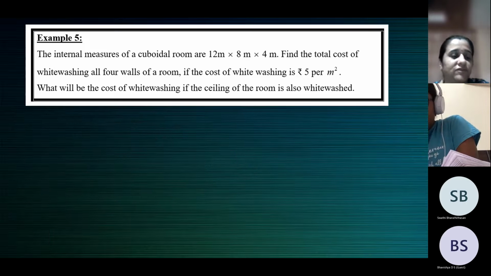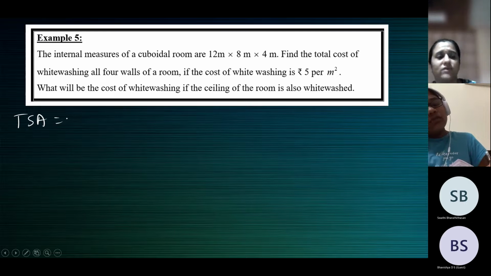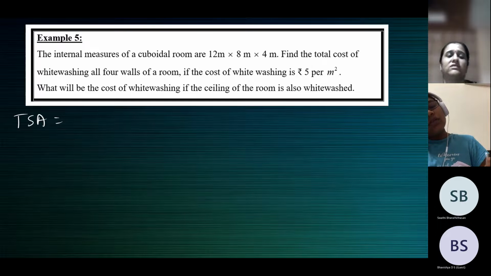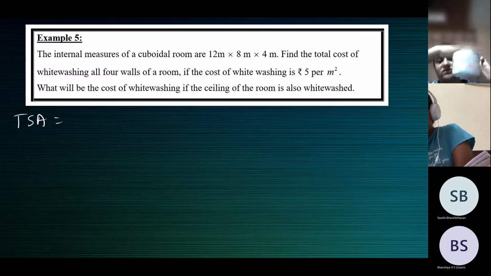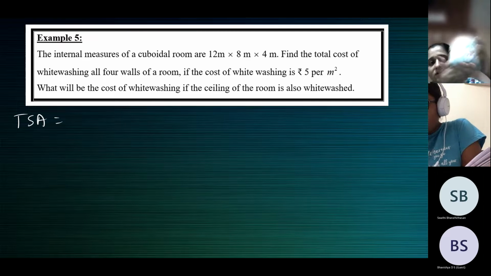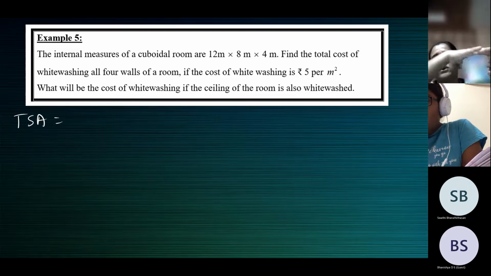Now, next is the total surface area, children. The total surface area of a right circular cylinder. You have given the heading right circular cylinder. So TSA is of the right circular cylinder. Total surface area is the curved surface area plus the area of the circle on the top plus the area of the circle at the bottom.